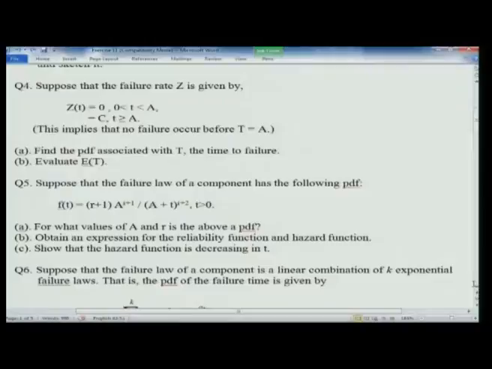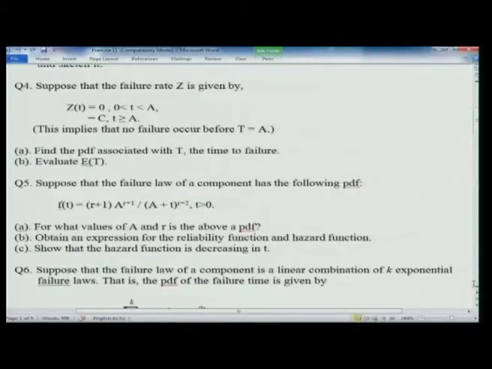Question 5: suppose that the failure law of a component has the following PDF, f t is r plus 1 into a raised to r plus 1 divided by a plus t raised to r plus 2, t greater than 0. It should not be difficult.